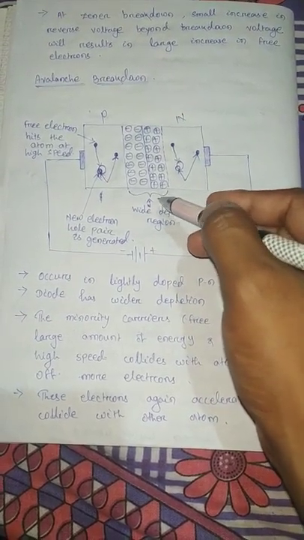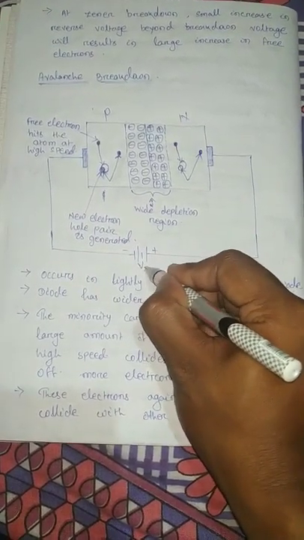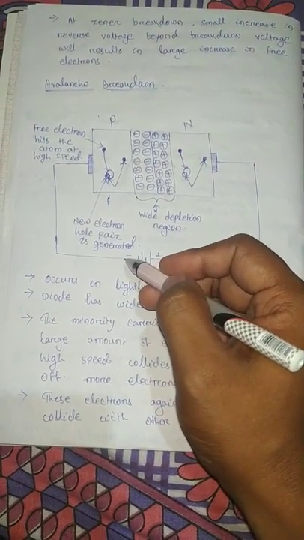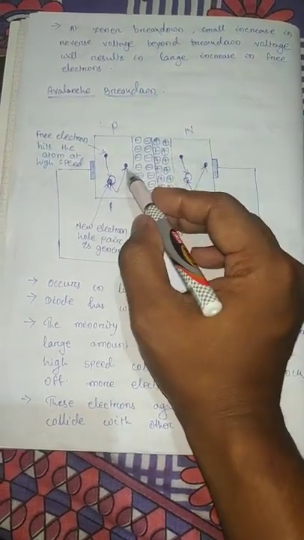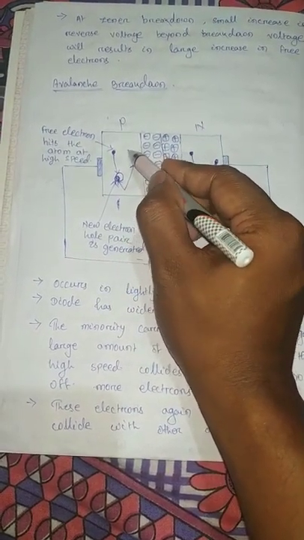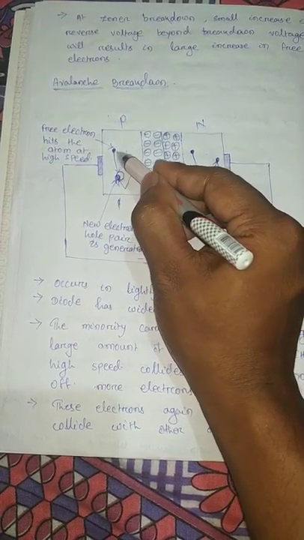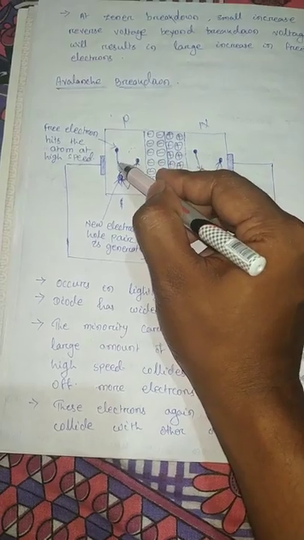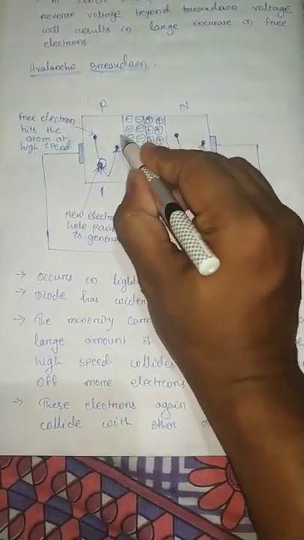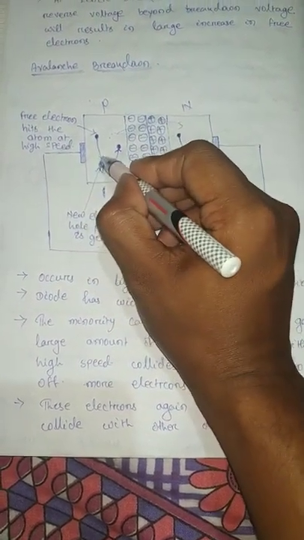But in this case, when we increase the reverse voltage, the minority carriers, free electrons, gain high kinetic energy and are accelerated to a greater velocity. That means the minority carriers try to drift across the junction with a high velocity.